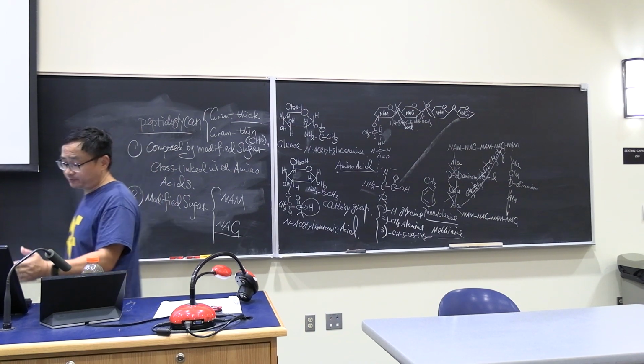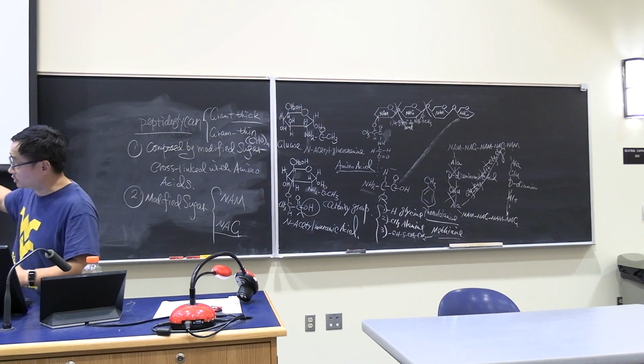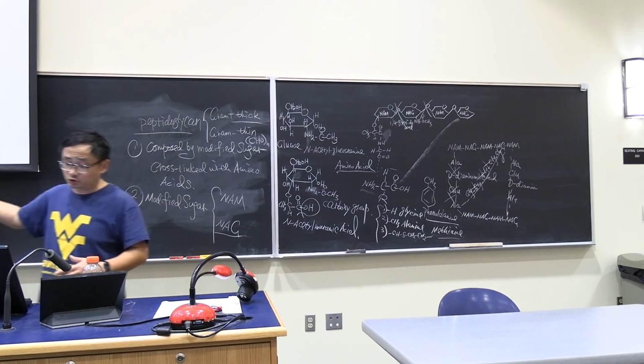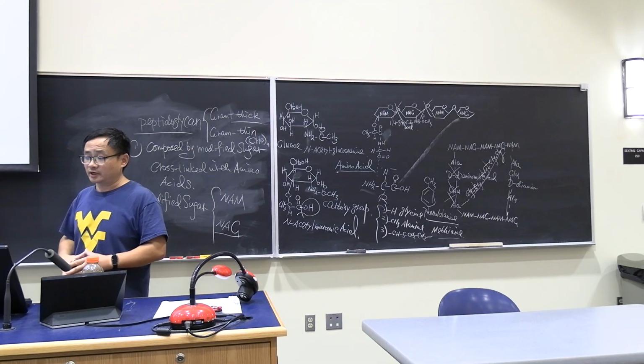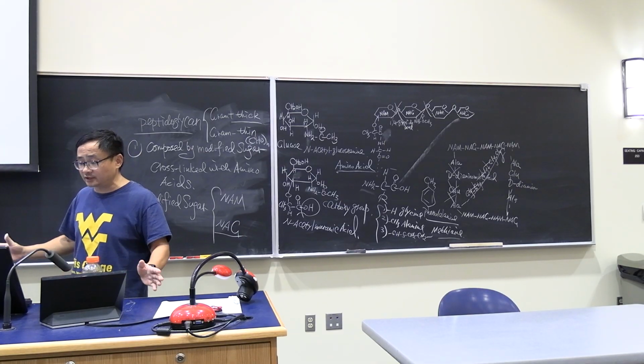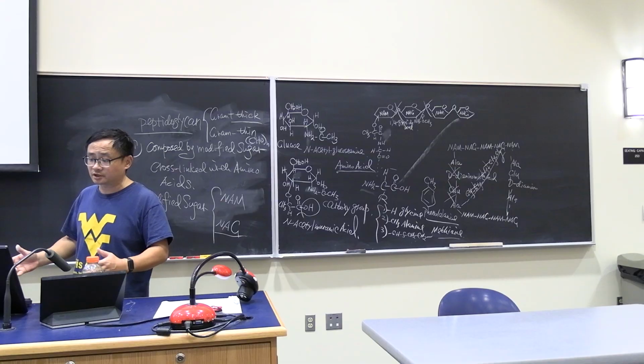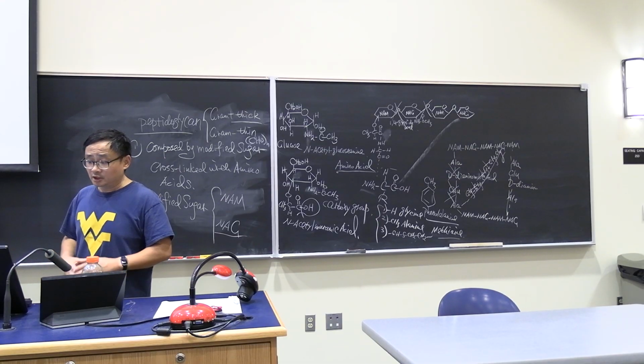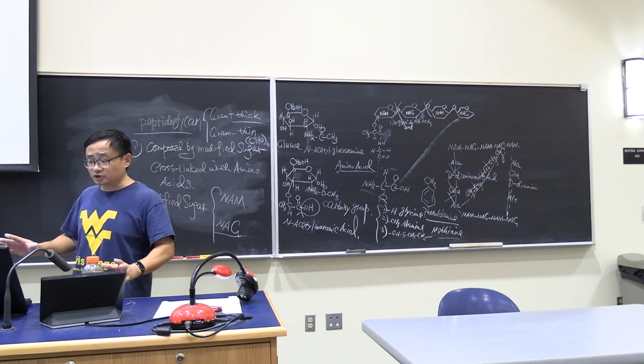Then you have a heavy peptidoglycan. You can see it's cross-linked with modified sugars and amino acids. And on the top, you have other chemicals, like teichoic acids and lipoteichoic acids, but their function is not very clear. It's still unknown.